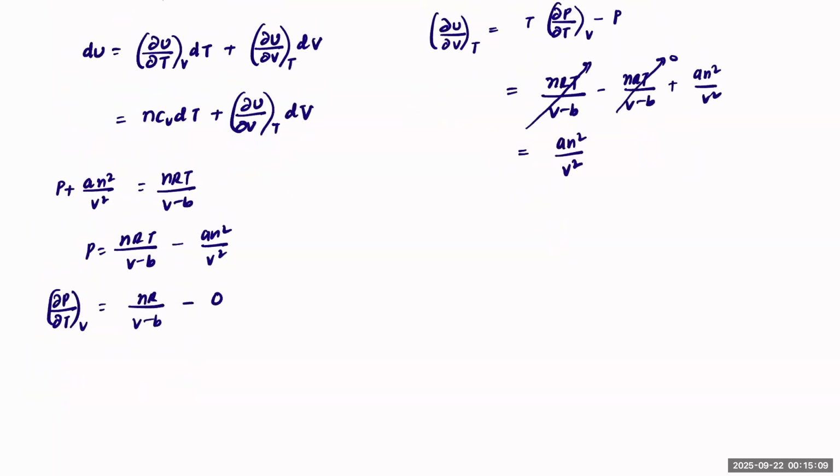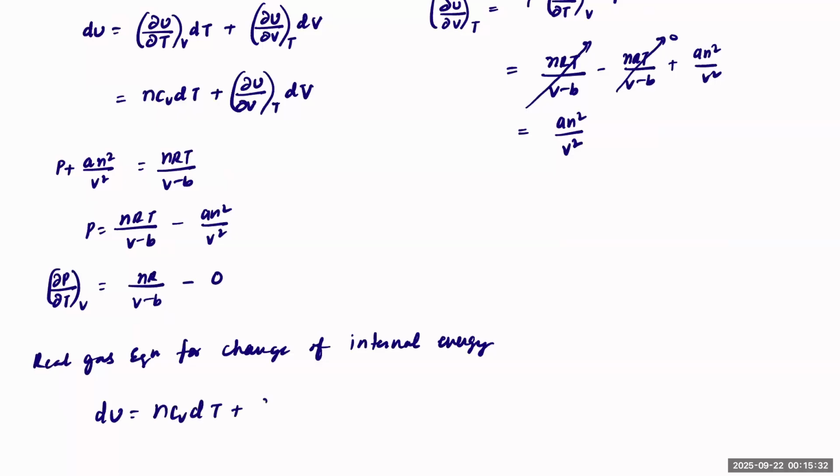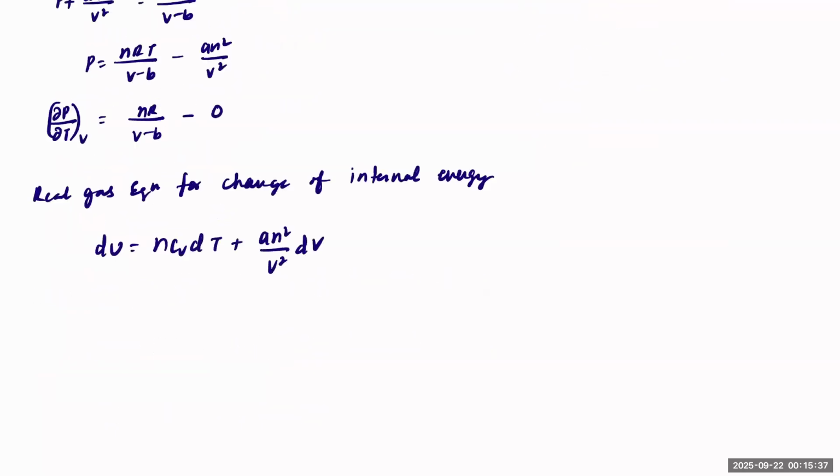So the actual real gas equation for change of internal energy will be dU is equal to nCv dT plus a n square by V square into dV. Correct? This is what it should be.